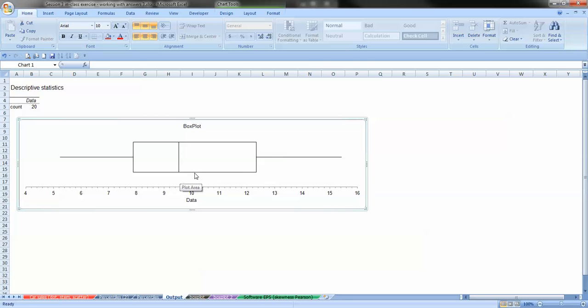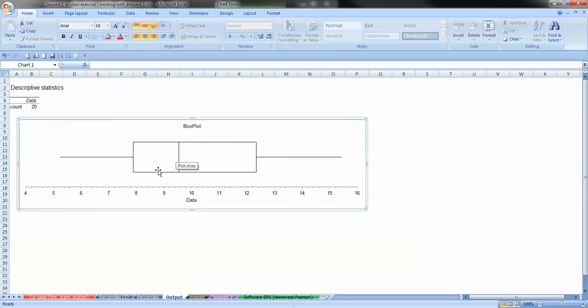Now, because the median to the third quartile is a greater distance than the distance from the first quartile to the median, that means that here's 25% of the data, because this is the middle point, the 50% point, this is the 25% point, and this is the 75% point.